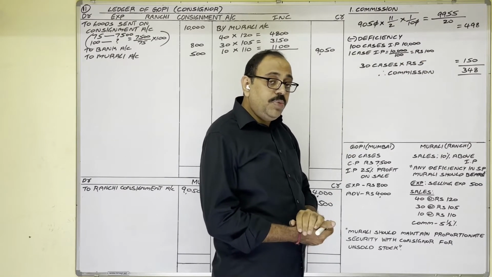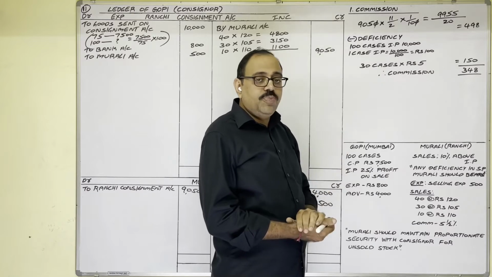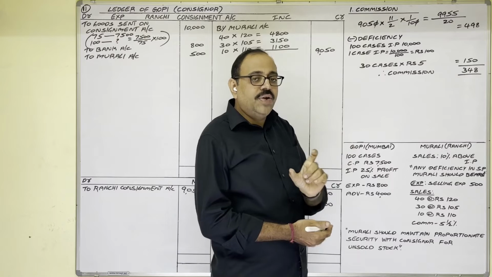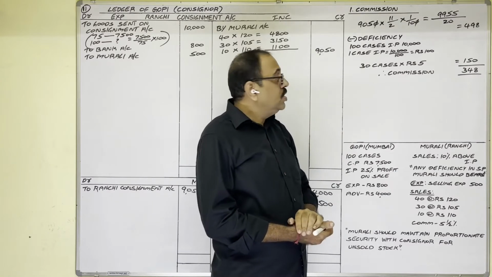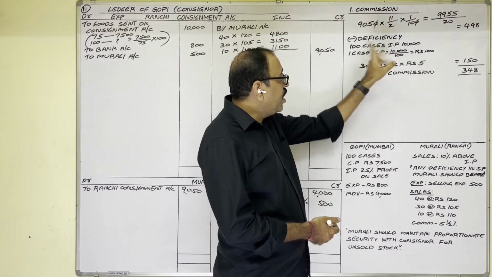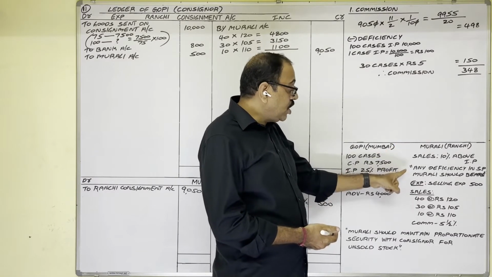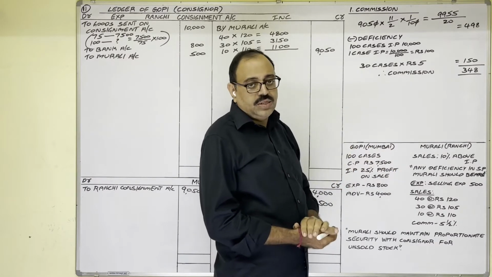Then sales price should be 10% on 100 rupees, means 10 rupees. So 10 rupees plus 100 is equal to 110 rupees. So sale price should be 110 rupees. At 110, the consignee is supposed to sell one case.